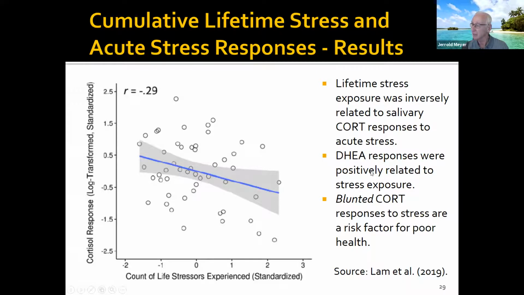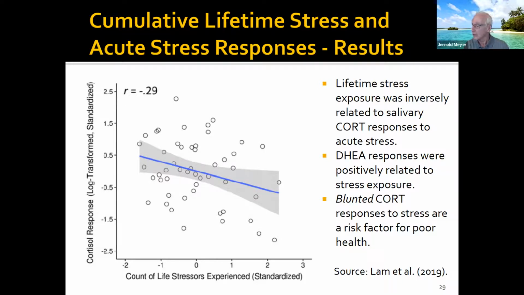Interestingly, DHEA went the opposite direction. Again, if you look up the paper, you'll see the graph for DHEA, it's the opposite direction. And so there's a similarity. I was struck by this because there's a similarity with the phenomenon of, but this time it actually looked at stress over a whole lifetime up to the time of the study.